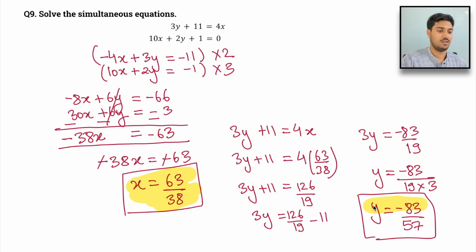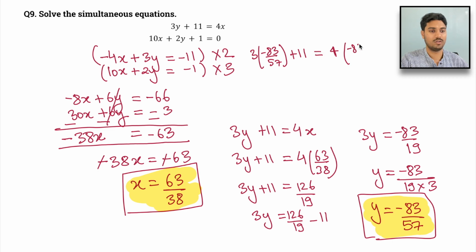We can cross check and see whether our answer is correct or not. So let's substitute the value of x and y in the first equation. So 3 times minus 83 upon 57 plus 11 should come out as 4 times 63 upon 38.